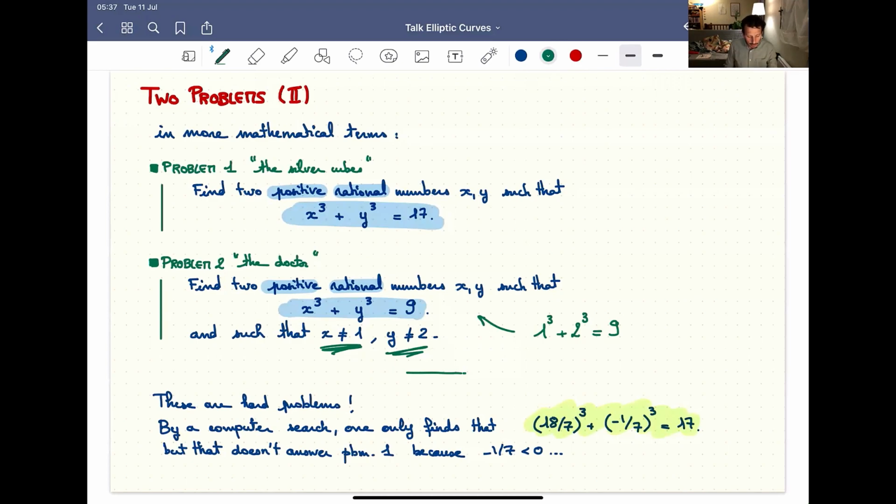Okay, so now I've stated the two mathematical versions of those two problems. It's even clearer that there are two examples of a more general question.